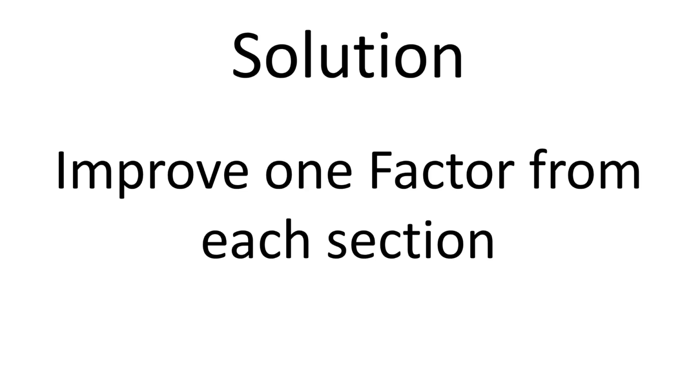So instead of focusing on all the 20 question types and on all the parameters on which those question types are scored, we are going to focus on one thing from each section. So if we can improve a little bit in some places, our overall score will improve. So that is what I'm going to tell you in the remainder of this video. How and which sections you should focus on, what are the things that you should focus on, which will quickly show some results.